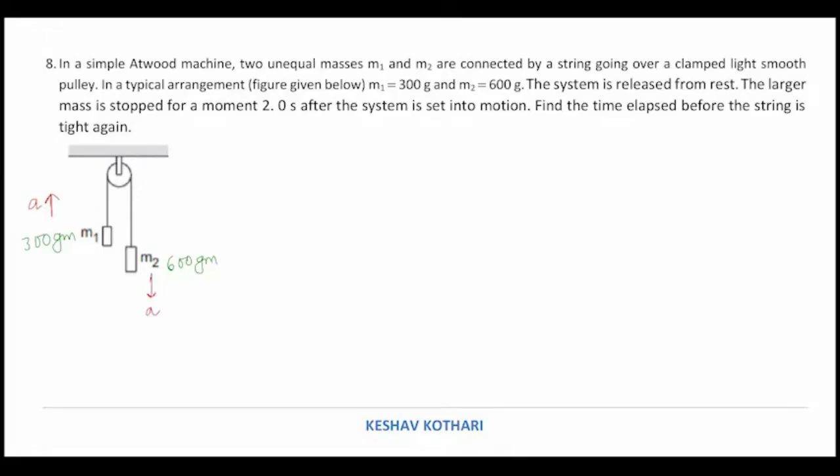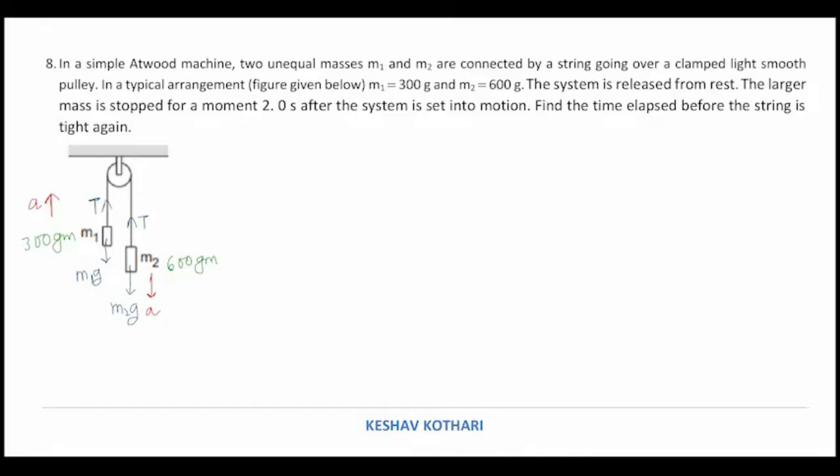So we first calculate the value of acceleration for the system. A force m2g, which is equal to the weight of this block, is acting in the downward direction. A tension T is acting in this direction. Similarly, on m1, a force m1g, which is equal to the weight of m1, is acting in the downward direction, and the tension force is acting in the upward direction.